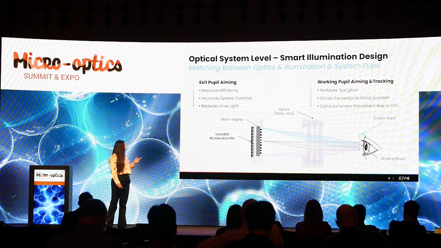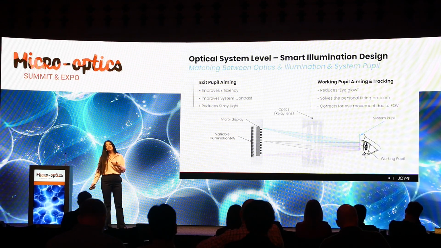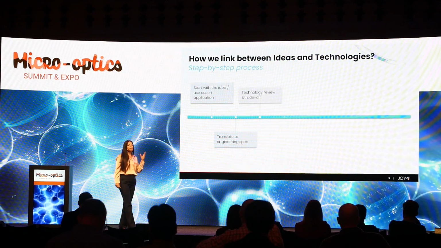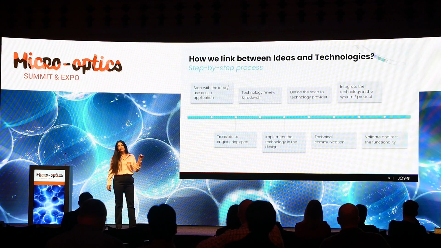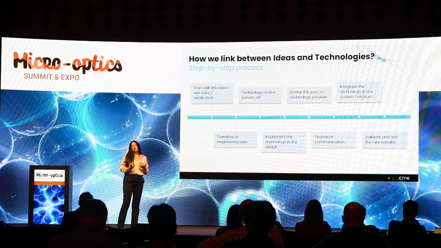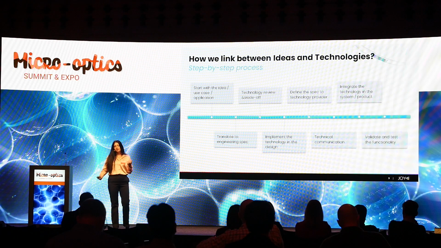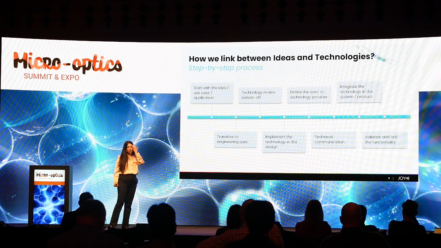So you may ask, it looks very nice in a presentation, but how do you do this in practice? What we do is develop a step-by-step process where we work from the idea and use case for every project, and we select the optimal technologies. We use this to link the ideas people and the technologies people and find the best solution and optimal technologies that work in each application.